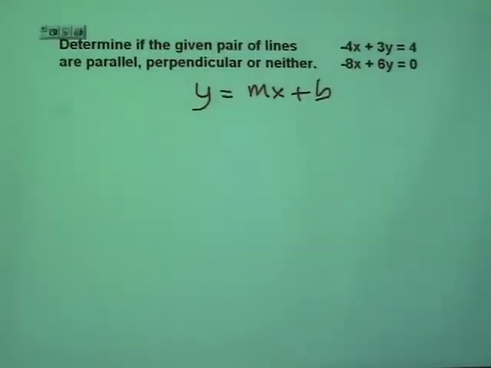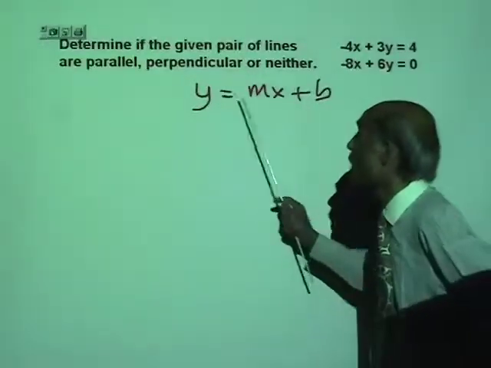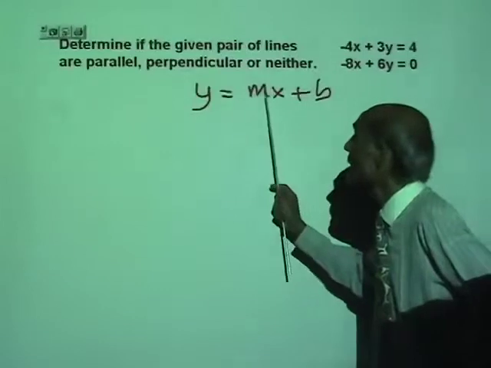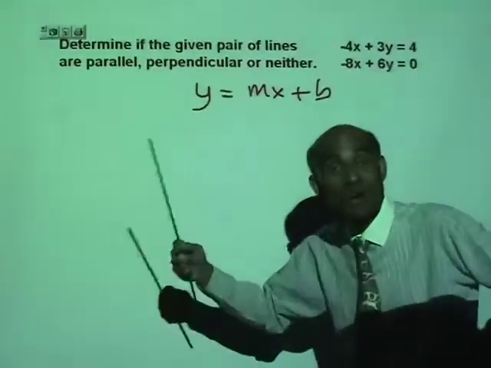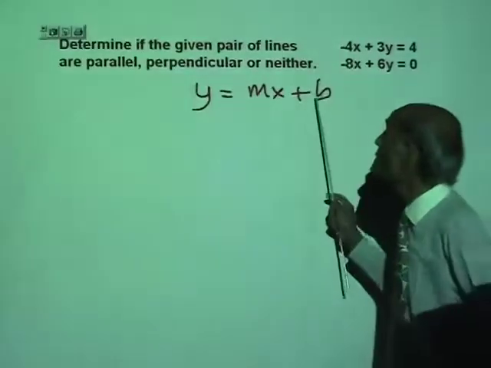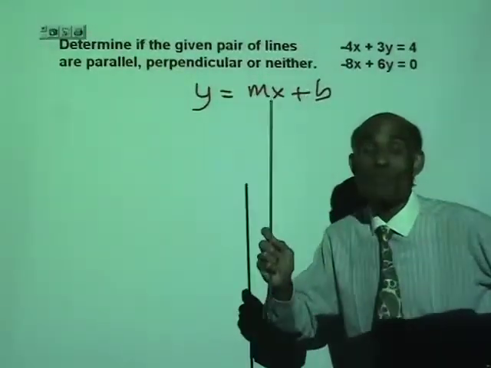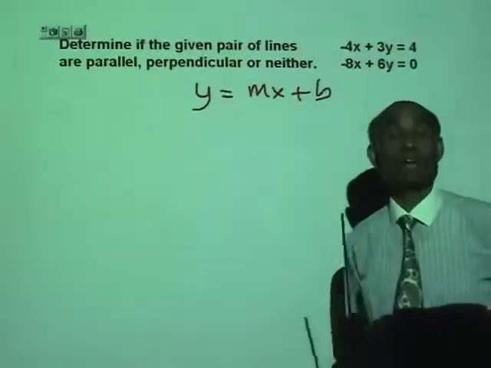You see, if the equation of a line is given in this form, y equal to mx plus b, what does m stand for here? m is the slope of the line. What does b stand for? b tells you where on the y-axis the graph will cut.